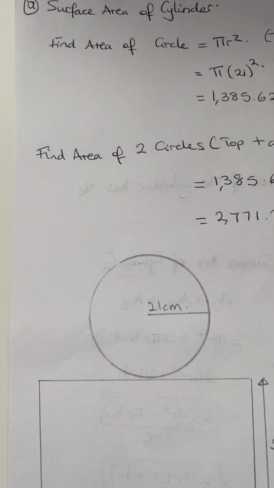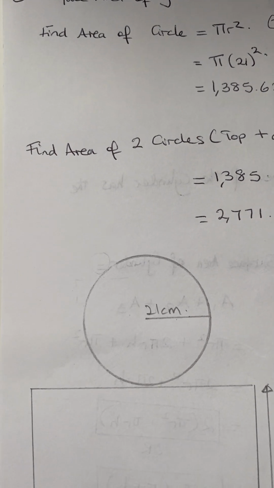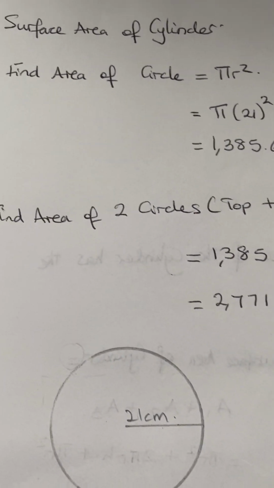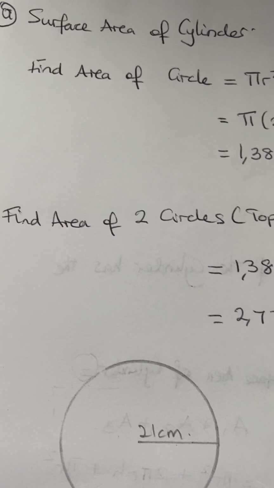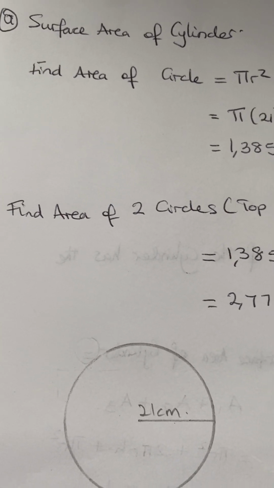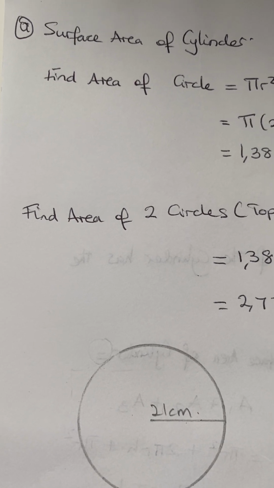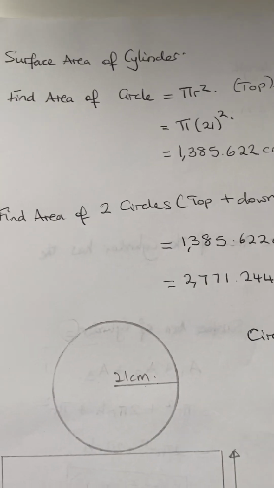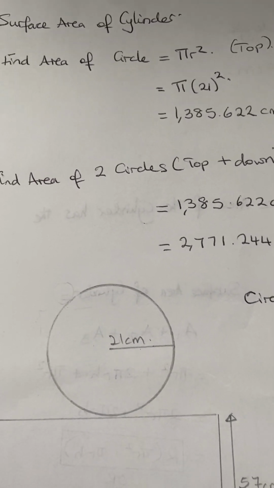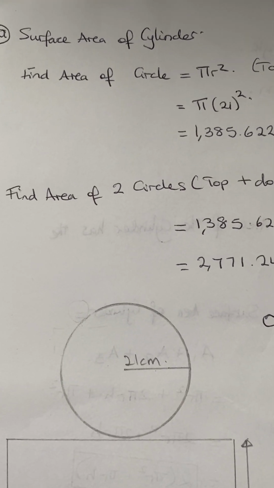Now in our first question on surface area, I opened the diagram for you and separated the parts apart so that I could explain. So I'm going to do the same here with the cylinder.